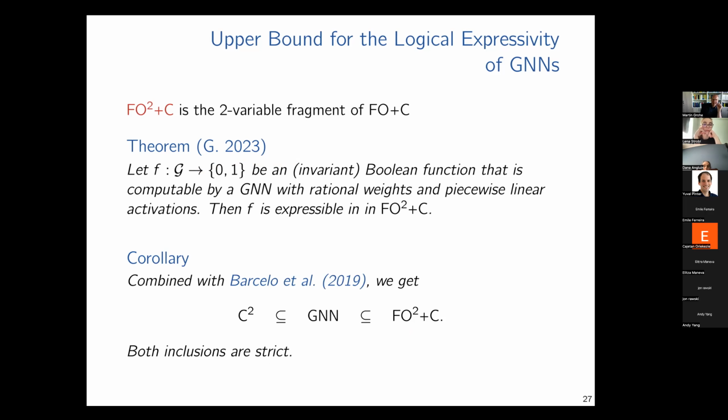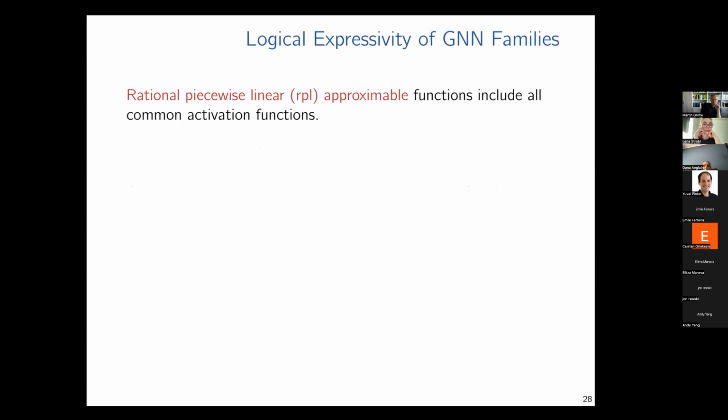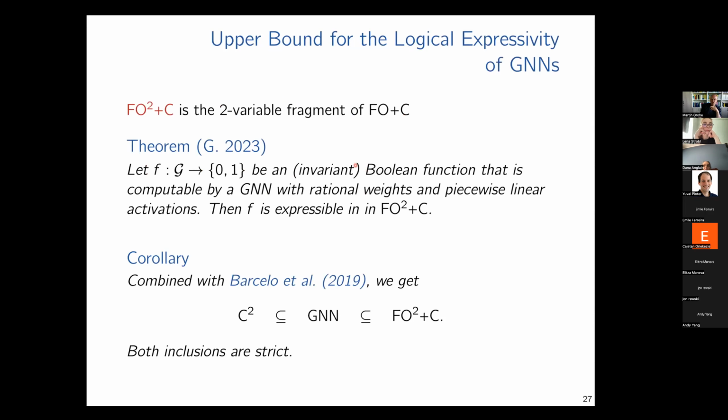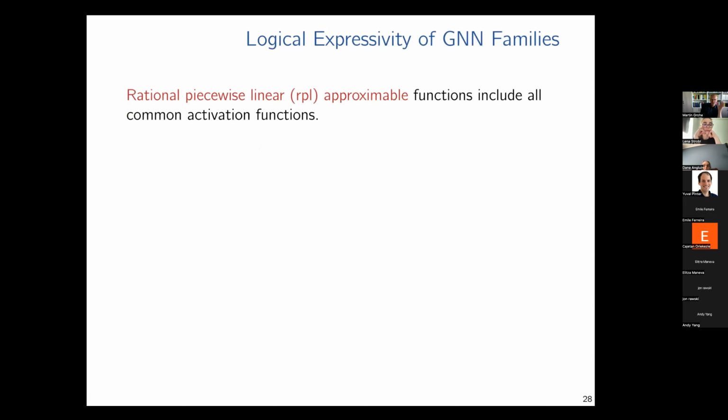But we want an exact characterization. So let's move on. And a crucial step will be to look at families of GNNs. And we can also get away here. We have rational weights, piecewise linear activations. We want to get rid of it. We look at a family of activation functions that we call rational piecewise linear approximable.